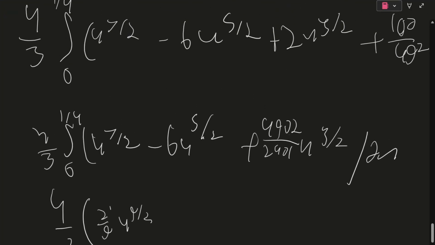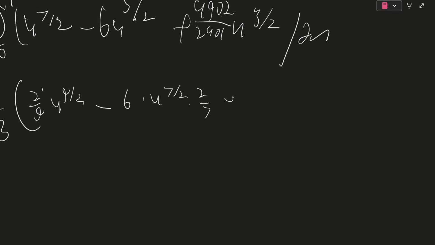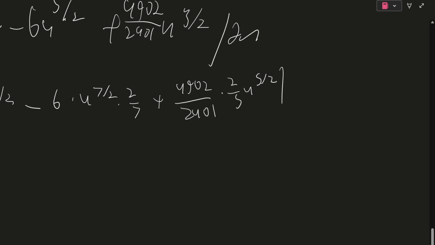And then we have minus 6 times u to the 7/2 times 2/7 plus 4,902 over 2,401 times 2/5 u to the 5/2. This is evaluated from 0 to 1/4.